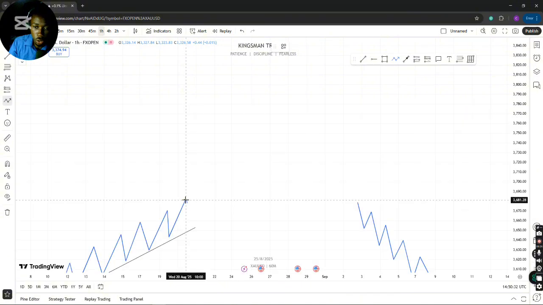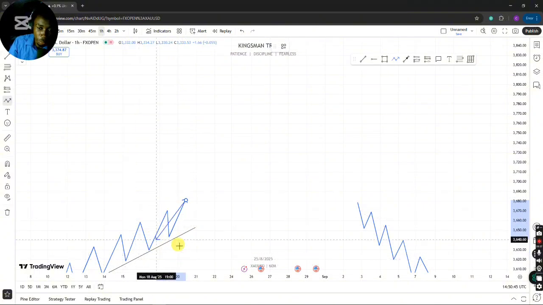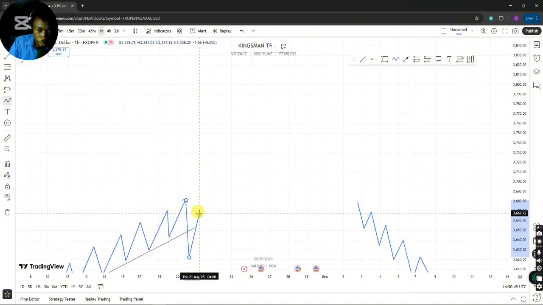At that point, what you want to see is price reach a particular high, and then fail to break this structure. Then it creates a low most of the time. Sometimes it can just go down here and break this previous low. This can happen, and then it creates another high that fails to break this previous high.